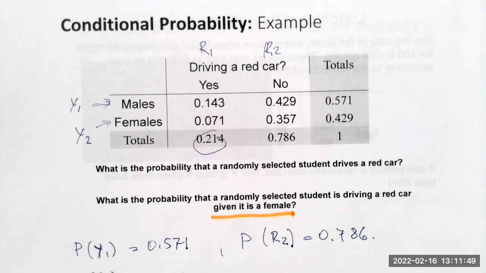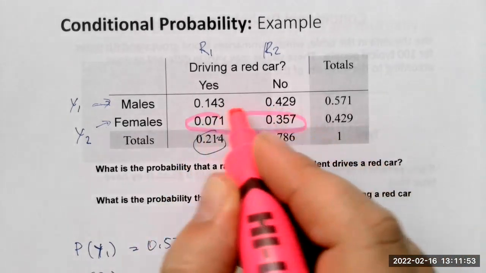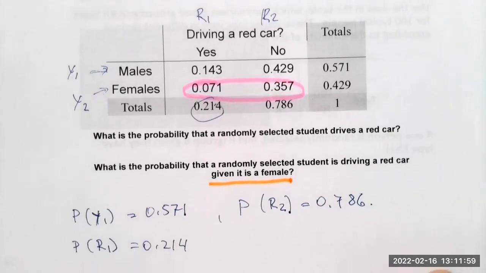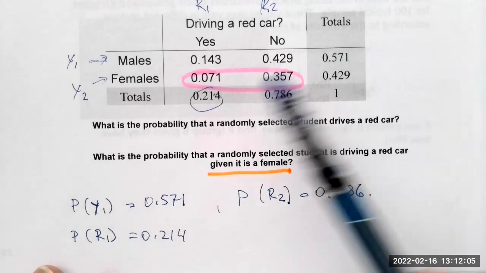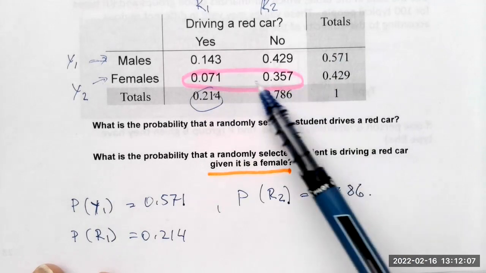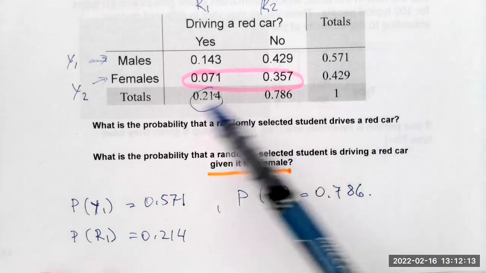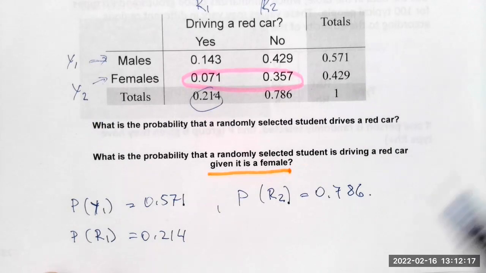And what that means is that we only look at females now. The males do not enter into our consideration. So to answer the question, our total is going to be just these 30 females, and the probability of selecting a female is 0.429.